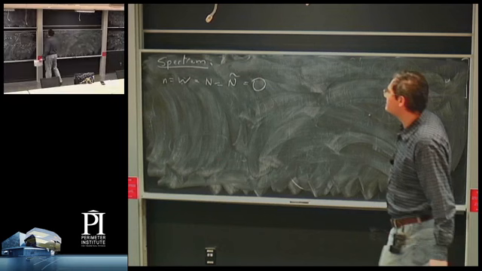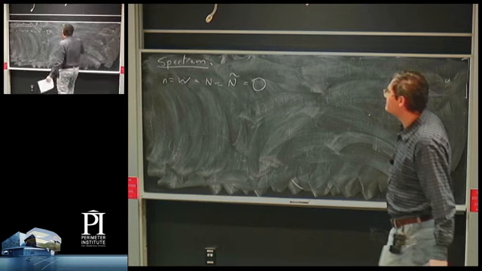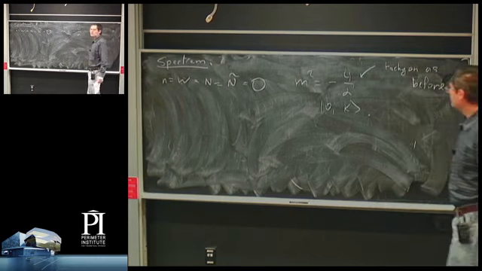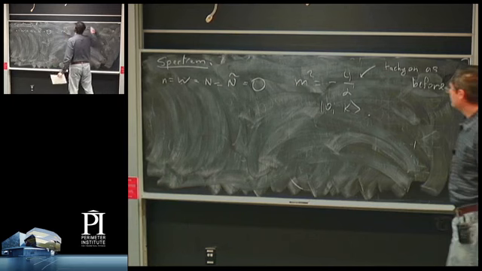The lowest lying state corresponds to choosing n equals omega equals N equals N tilde equals 0. Notice that the level matching condition is obviously satisfied in this case. And so what we have is that M squared equals minus 4 over alpha prime. Okay? So that's our tachyon, right? Once we compactified the string on the circle, we did not get rid of the tachyon. The tachyon is still there.